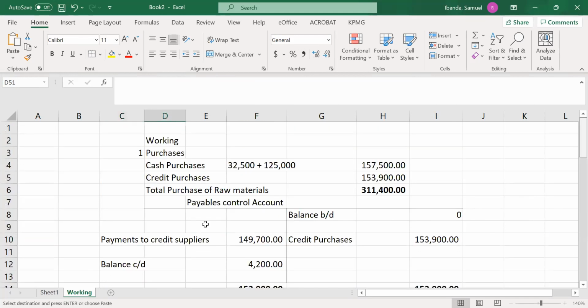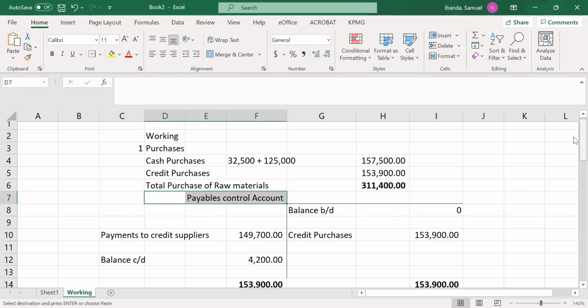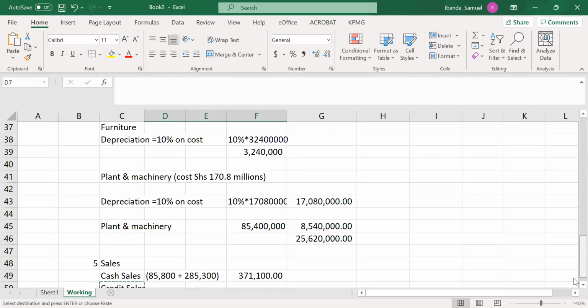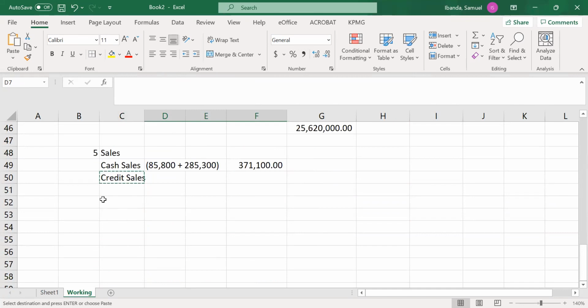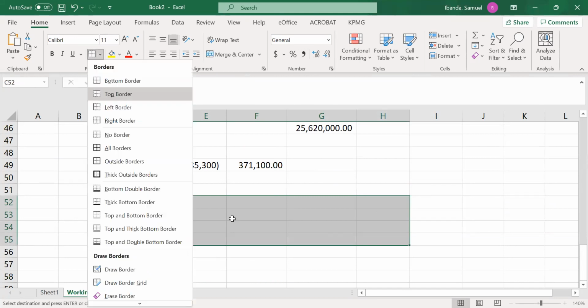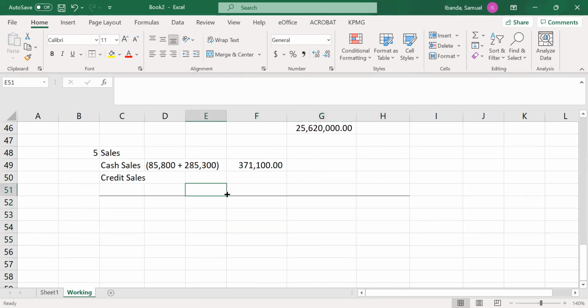Now the credit sales we've not been given, so we are going to draw up, just like the way we drew up a payables control account here, a receivables control account for our so-called sales to determine the credit sales. So I'll just come here and say payables control account.